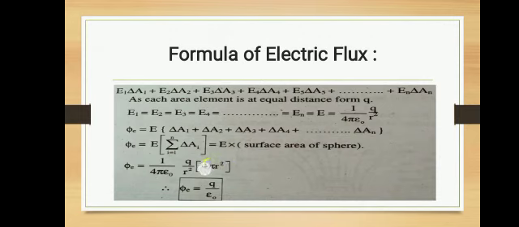Like when you calculate volume in practicals, you use the formula 4 over 3 pi R cube. Same case is here. To calculate the surface area of any sphere, the formula is 4 pi R square. R square cancels out with R square, 4 pi cancels out with this 4 pi, and the remaining value of electric flux is Q over epsilon naught.